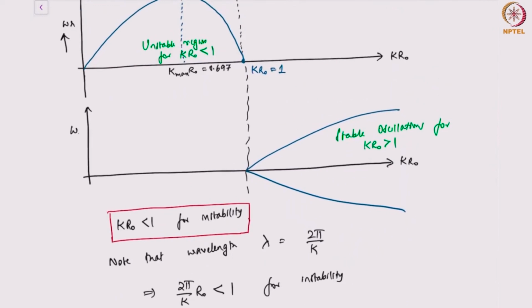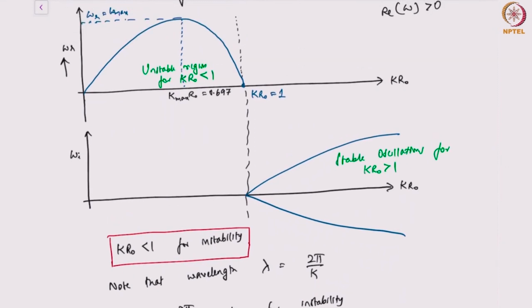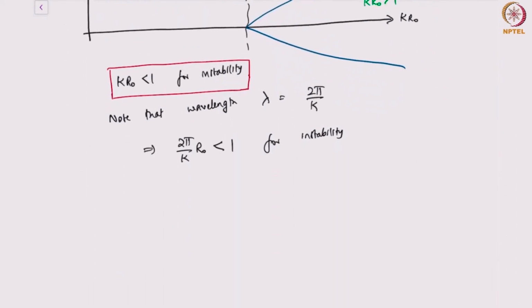We're plotting omega r and omega I, the real and imaginary parts of omega. We are interested in regions where omega r is greater than 0, and it's real. That happens for k r naught less than 1. And if I write it in terms of wavelength, we have 2 pi by lambda, where lambda is the wavelength, and therefore lambda should be greater than 2 pi r naught for instability.